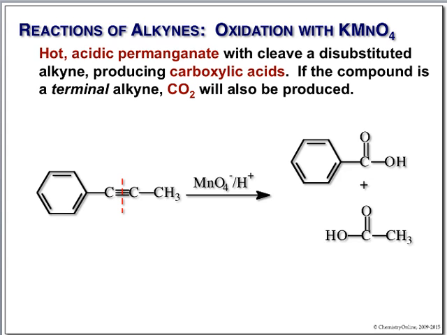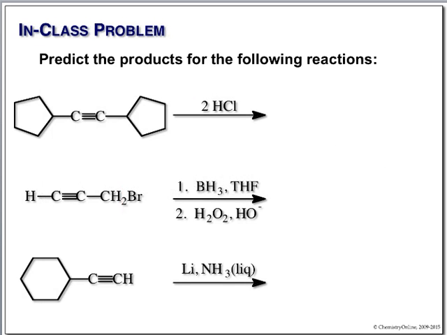Remember, when you do the hydration, instead of forming a simple alcohol, you get an enol, and that gives a carbonyl. Reduction we talked about, and again, this is simply splitting the carbon-carbon triple bond. So this is all the new reactions we need to worry about. So let's go ahead and practice some. I will pause here while you diligently write down the products of these reactions.